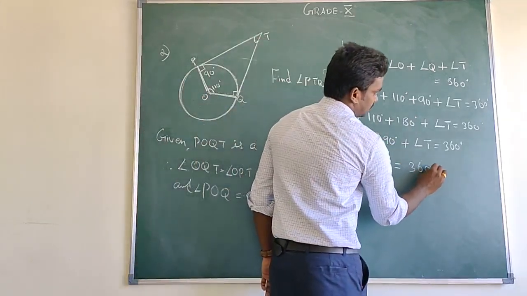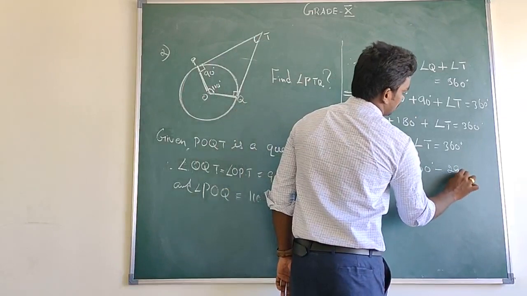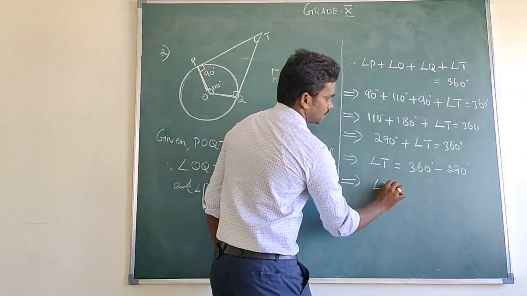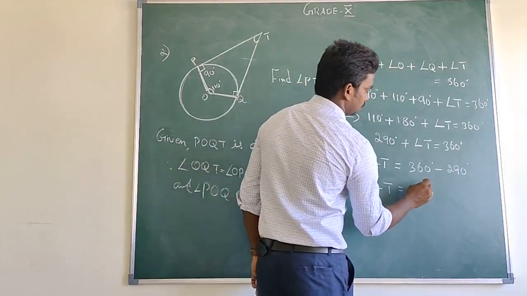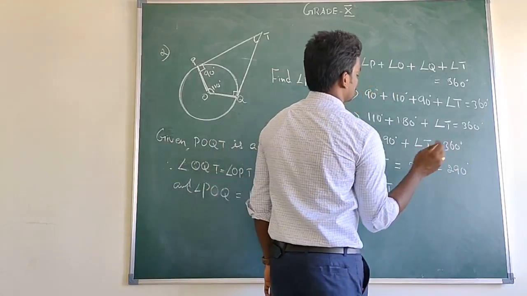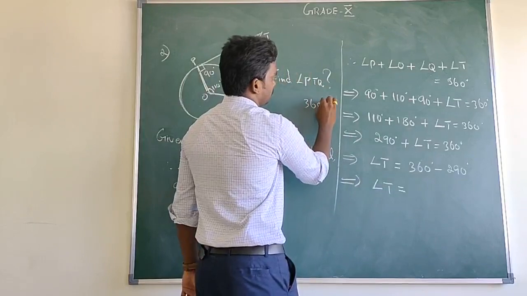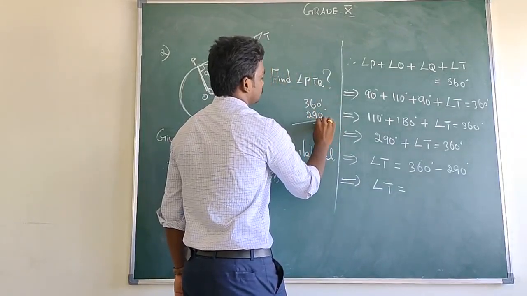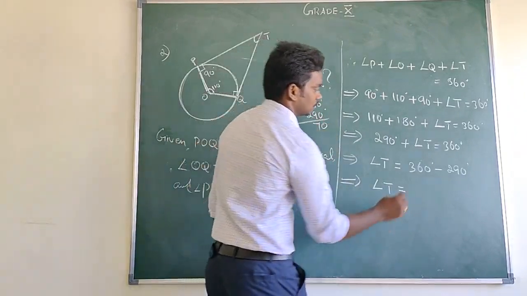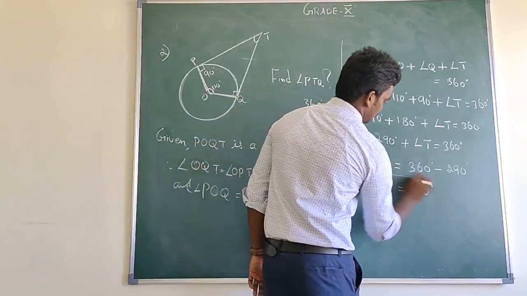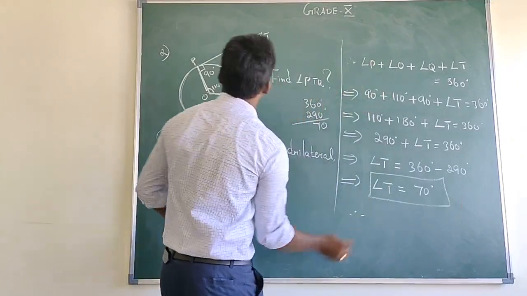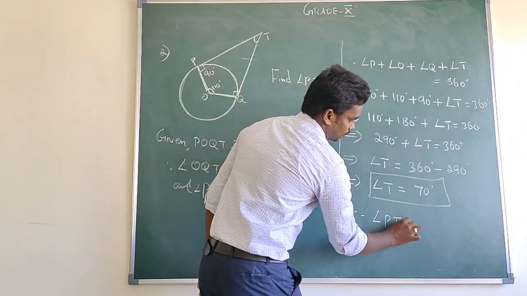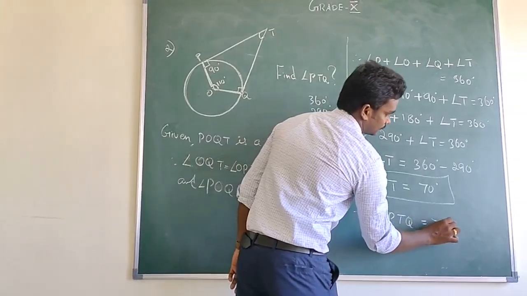So 360 degree minus 290 degree implies angle T is equal to, what is the value of 360 minus 290? So 70 degree. So therefore angle PTQ is equal to 70 degree.